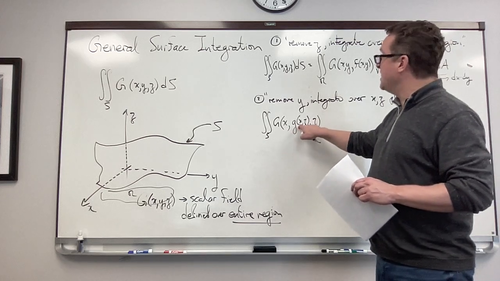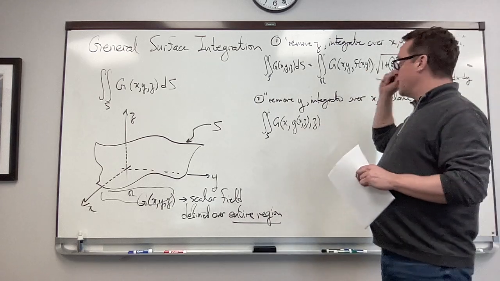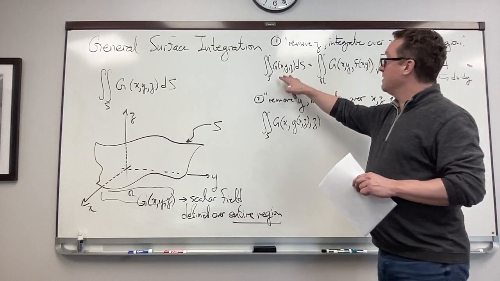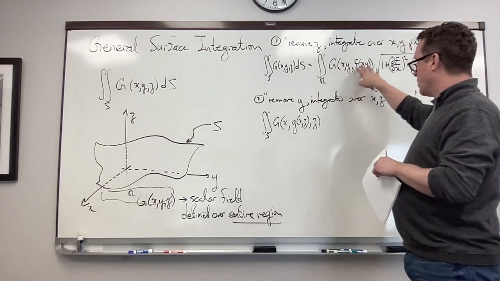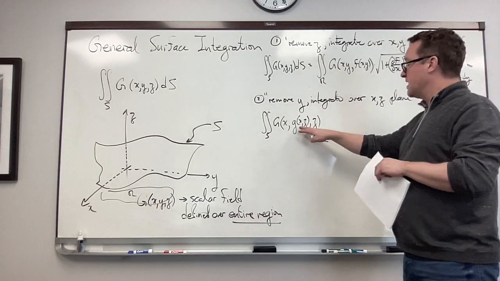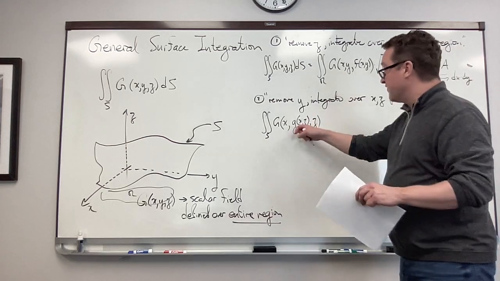The reason I'm writing little g here, whereas I wrote little f here, is they're different. In this general function G(x, y, z), that's the temperature of the room. But if I think of the surface as a height over x, y, that's one function. If it's a height over the xz plane, that's a different function.